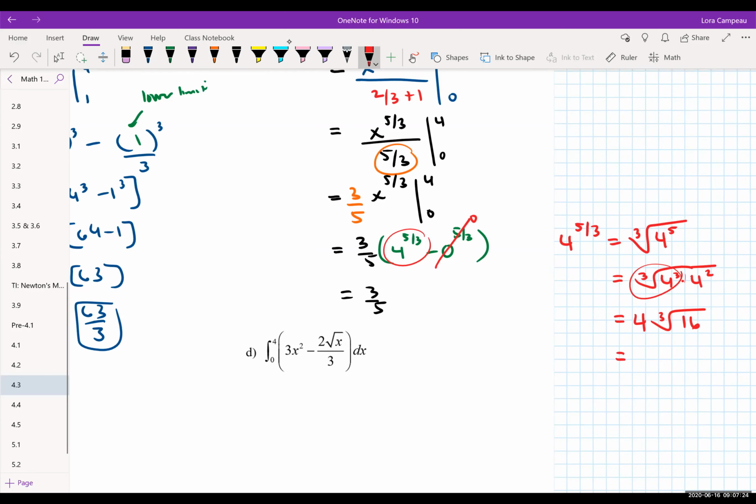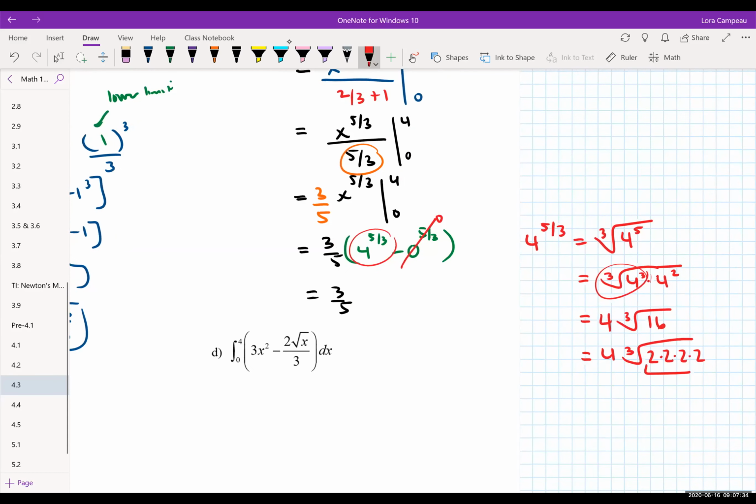And I mean, you could take all day on this if you're saying, okay, well, what is 16? 16 is 2 to the 4th, or 2 times 2 times 2 times 2, if that helps. So anytime you see a group of 3 for cube roots, you pull one out, and you're left with the cube root of 2 on the inside. So what is that, 8 cube root of 2?